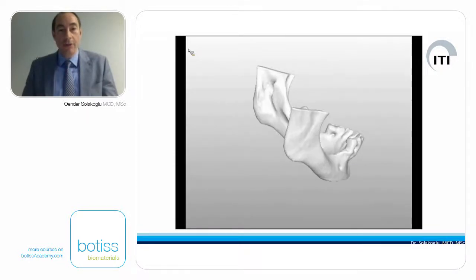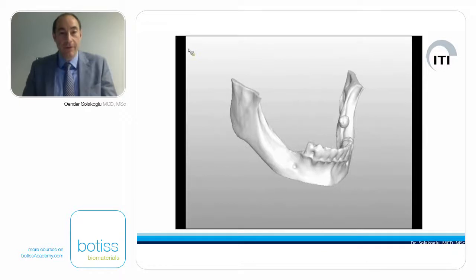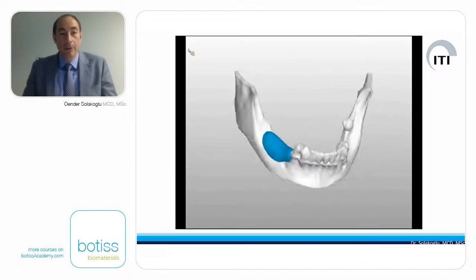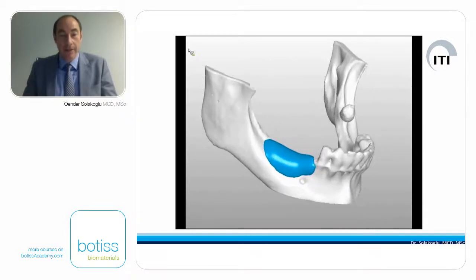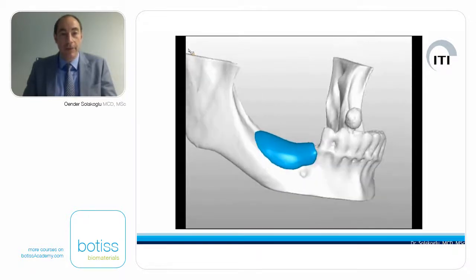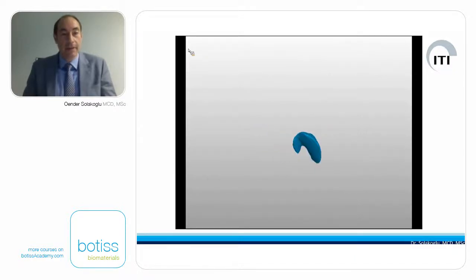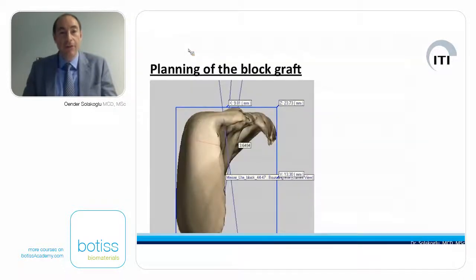So in a situation like this, where you've got a very, very atrophic mandible and you need to graft bone width and bone height, this technique of the bone builder is a very easy and very nice technique because, as I said before, it's individually milled, and the fit of this block graft is perfect, and gives you very nice adaptation, and of course also a very good healing.